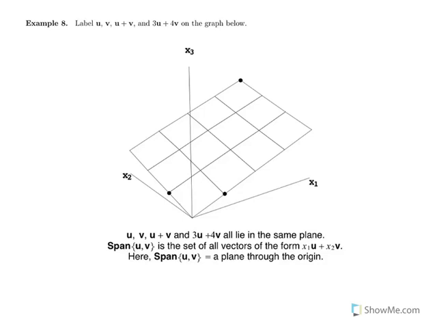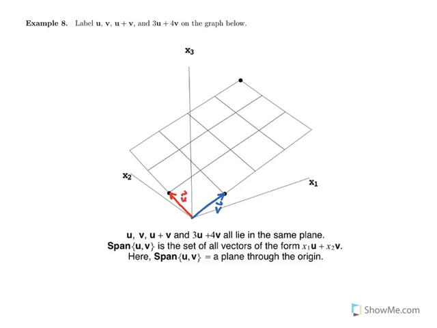Let's do this again. We have u, v, u plus v, 3u plus 4v on the graph below. Okay, here u is going to be this vector right here. v is going to be this vector right here. So here's v, here's u.